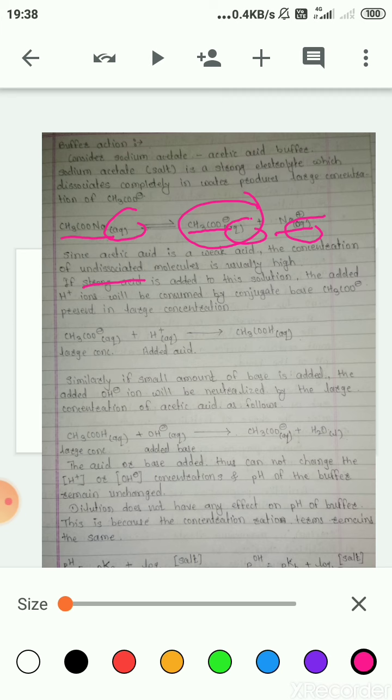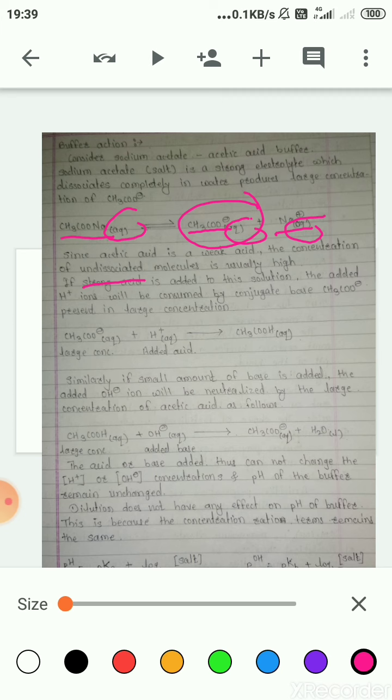In the same way, consider the dissociation of acetic acid. Acetic acid dissociates incompletely or partially in aqueous solution, and therefore the ions, that is CH3COO minus, the acetate ion, and H plus ions are few in solution, while the acetic acid molecules are in majority.